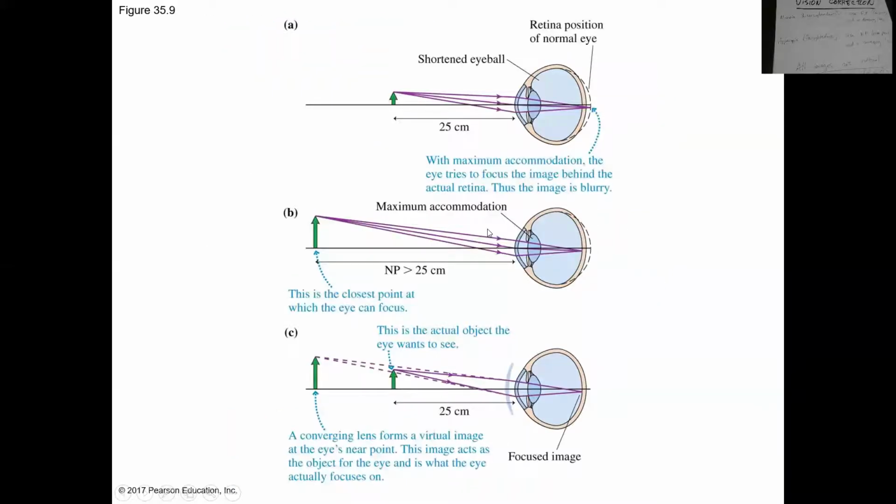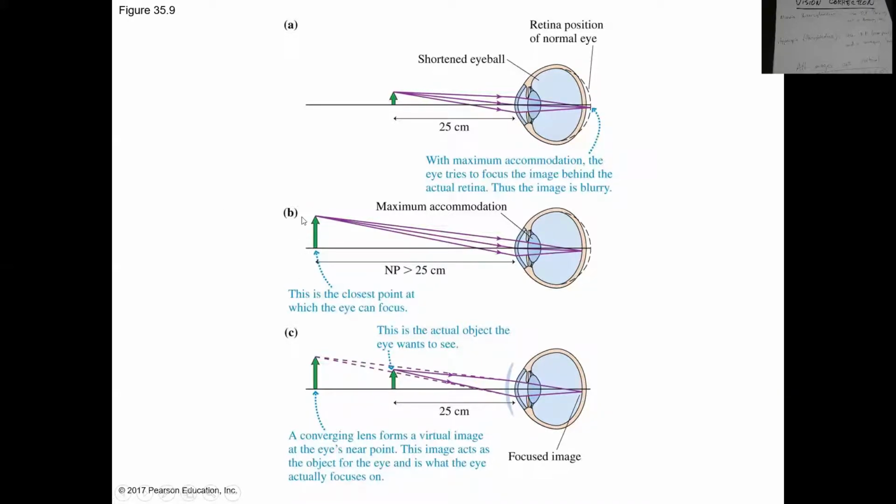Okay, so back to this far-sighted person. Ideally they would be able to see this object, but because the eyeball is too short, the rays are converging to a point behind the fovea, the center of the retina. So this person's actual near point, NP, is greater than 25 centimeters.